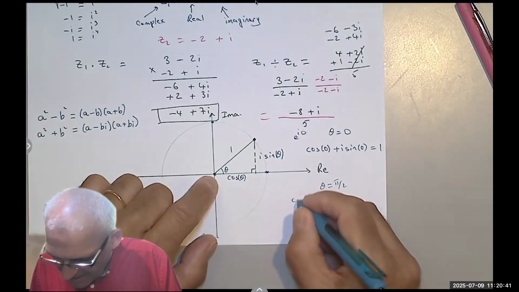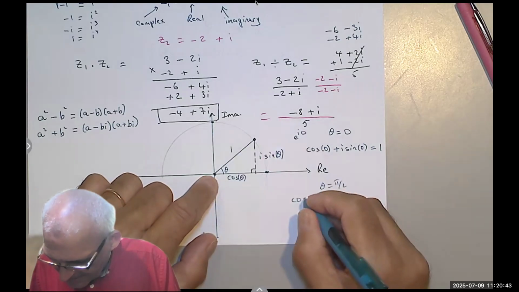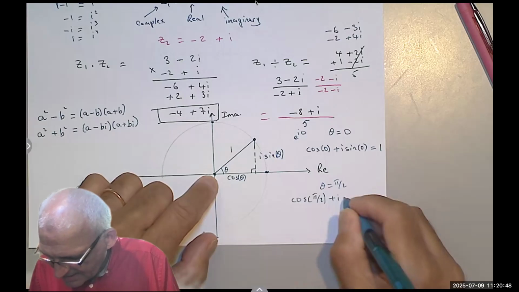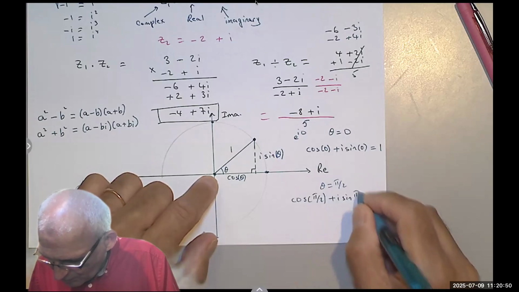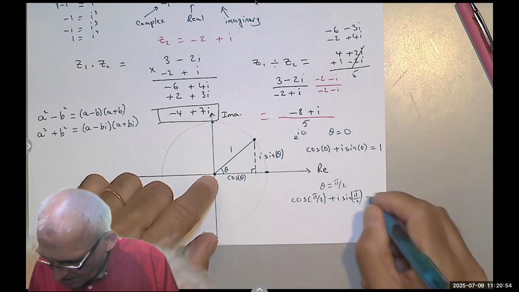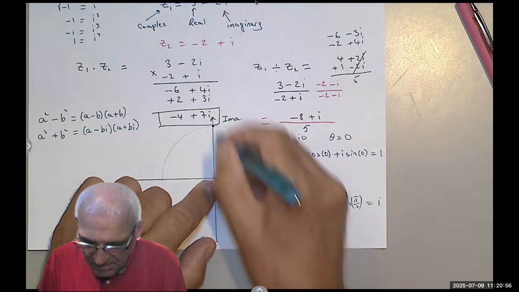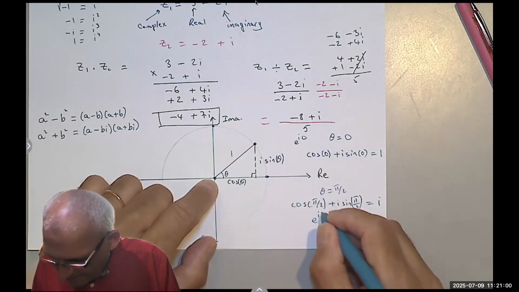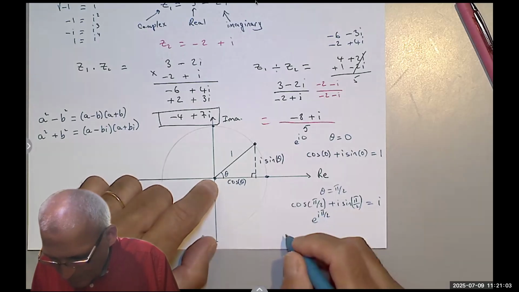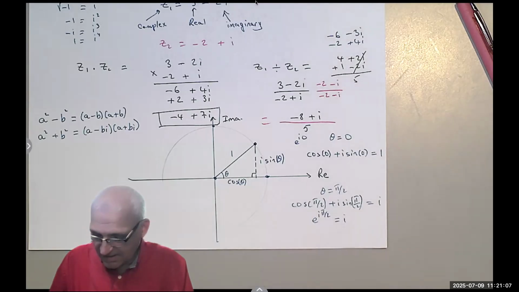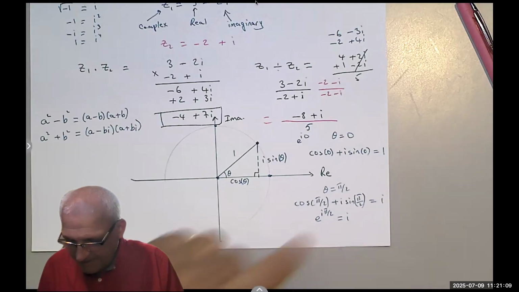So this length would be represented by cosine pi over 2, which is 0, plus i sine pi over 2, which is 1. So you get 0 plus i times 1 equals i. Yes, this is i. And if I say e to the i pi over 2, I get i, because I multiplied the angle by that.